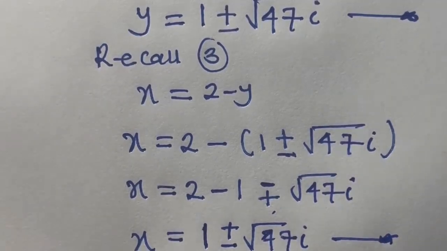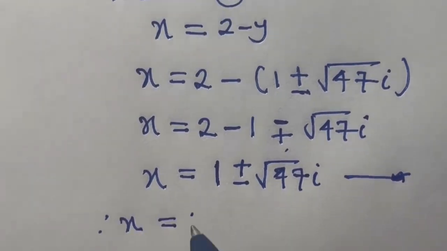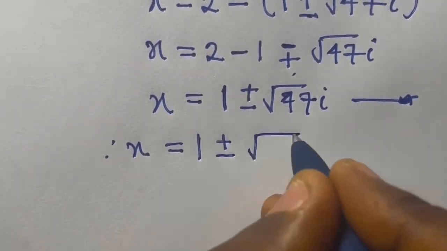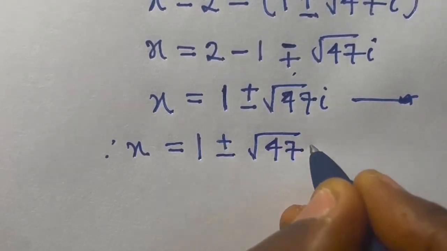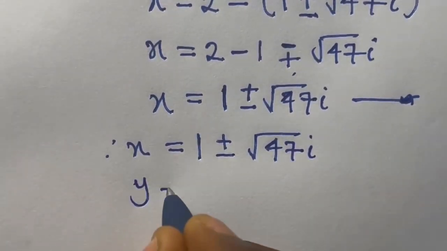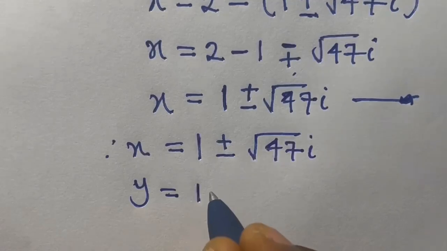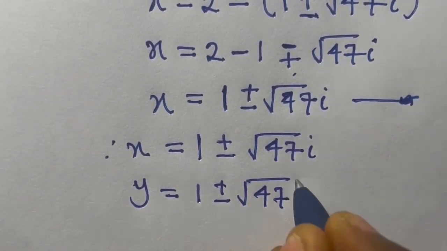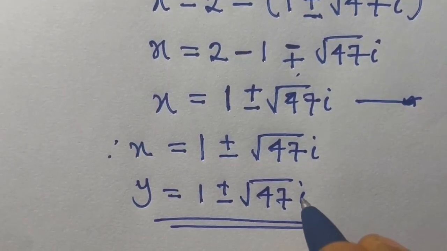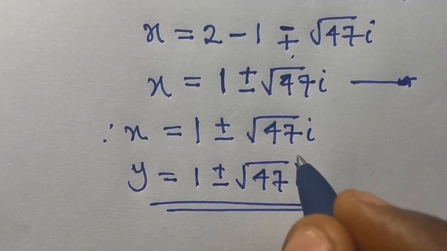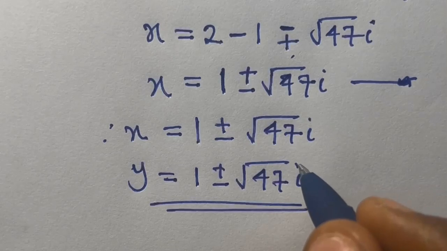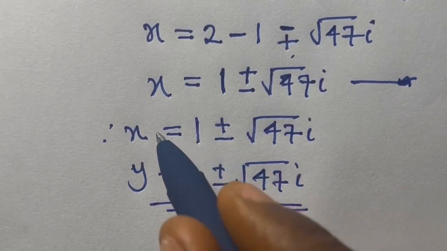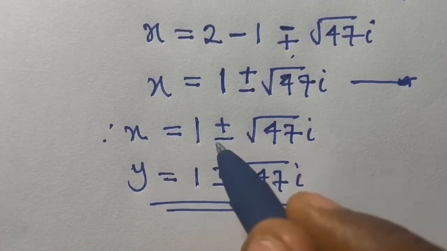Therefore, our x equals 1 plus or minus square root of 47 i, and our y equals 1 plus or minus square root of 47 i. So this is our answer. You can actually verify this using our original equations. So kindly verify and tell me if these values of x and y satisfy the given equations.